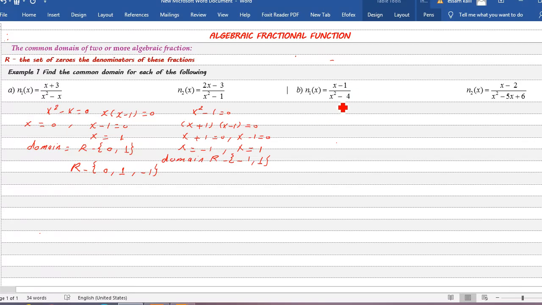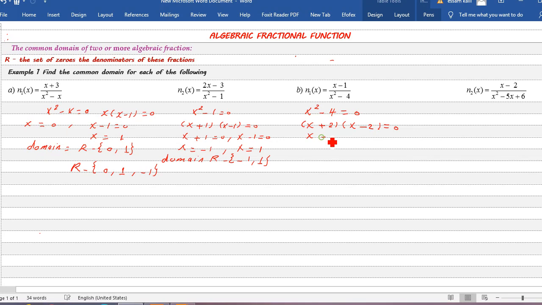So find the set of zeros of the denominator: x² minus 4 equals 0. Open two brackets, x and x, 2 and 2, positive and negative, equals 0.